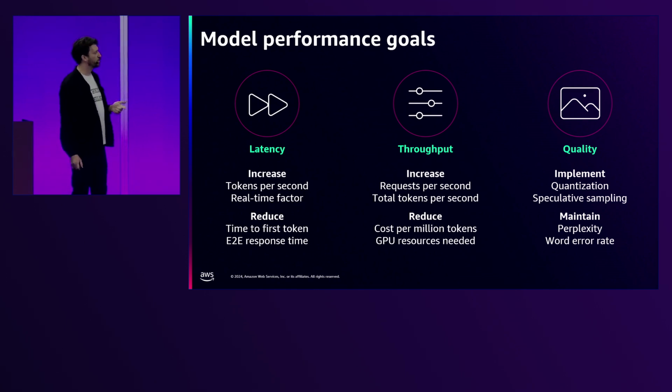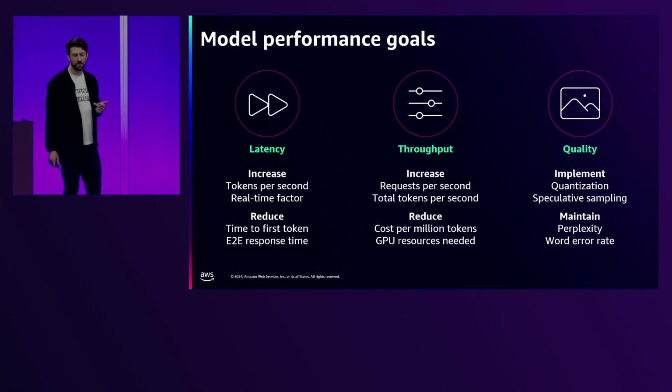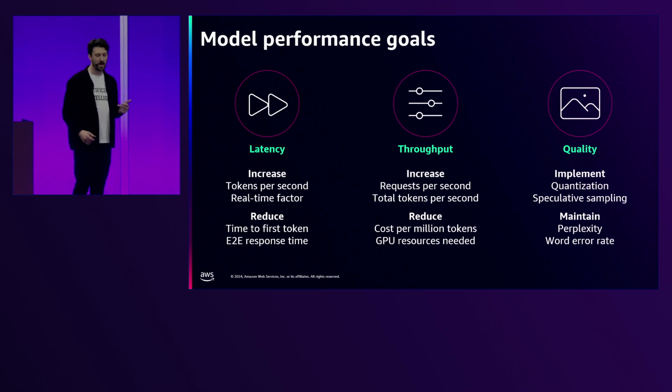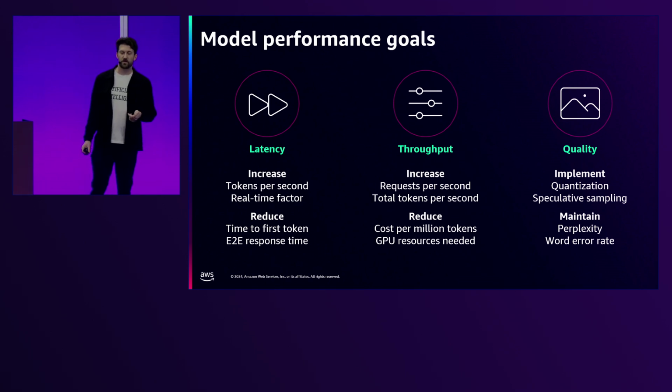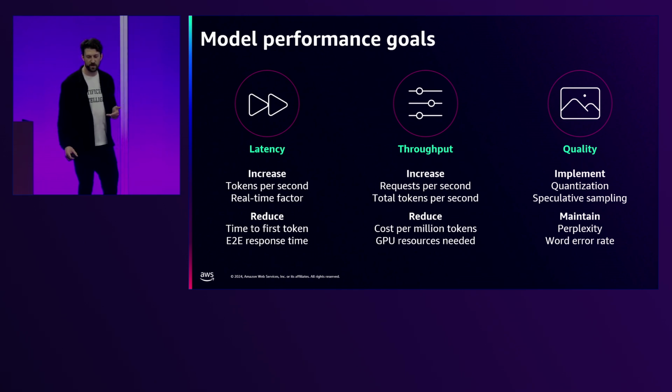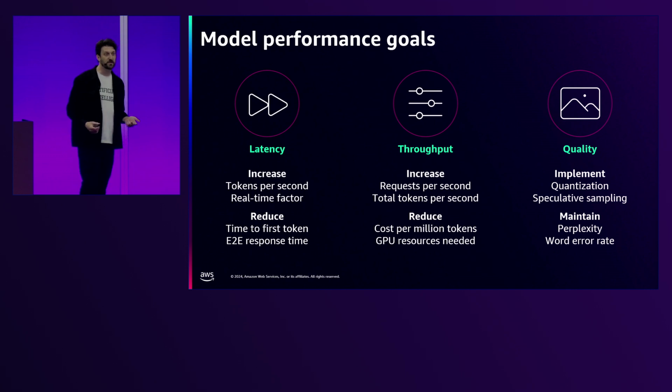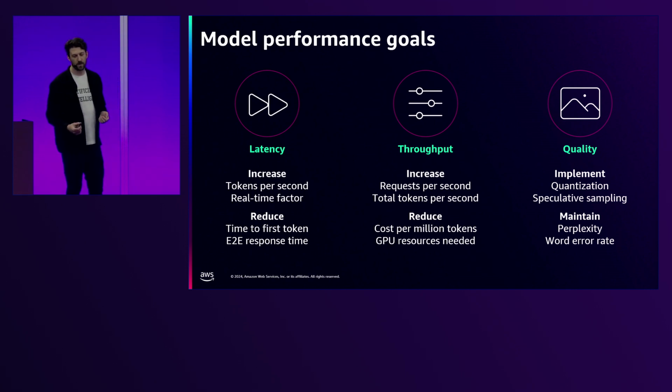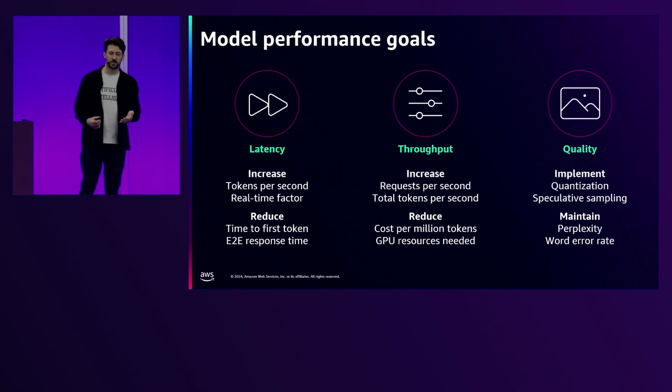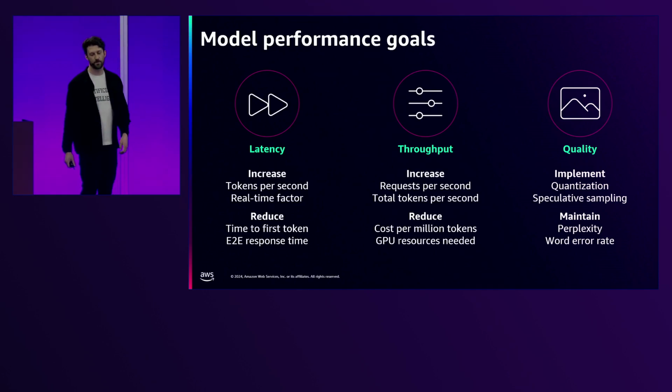Latency, throughput, and quality. Latency is going to be our measure of how our customers, whether they be internal or external, are going to experience our model. Whether that be how many tokens per second we can squeeze out of our model, or how quickly we can generate that first token so the customer immediately feels as though the model is working for them.